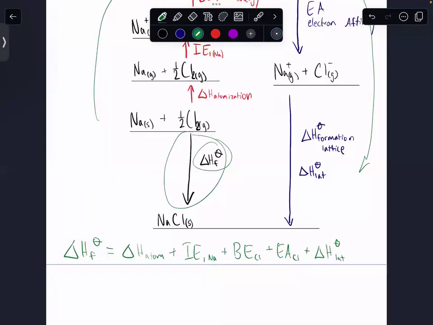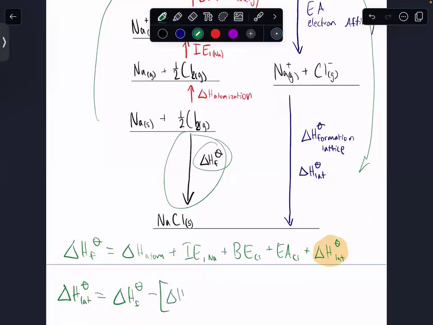So now that I have this whole equation, I can actually get real values for each of these individual ones. But before I do that, again, the whole point of this was to identify just the lattice enthalpy. So I'm going to do just a little bit of math to rearrange this. So delta H lattice is equal to delta H formation minus all these values we have.